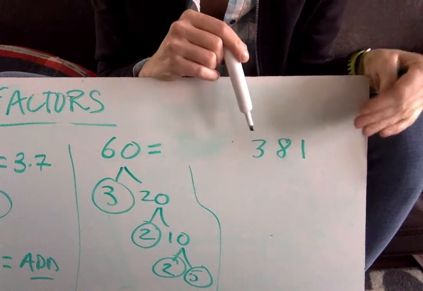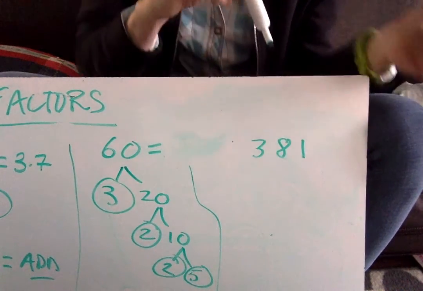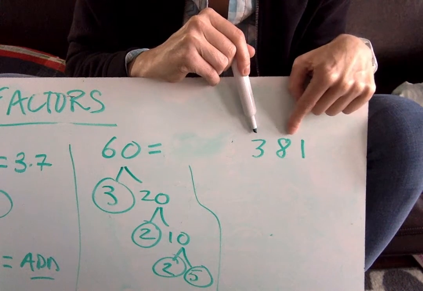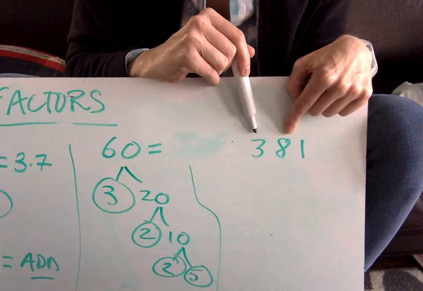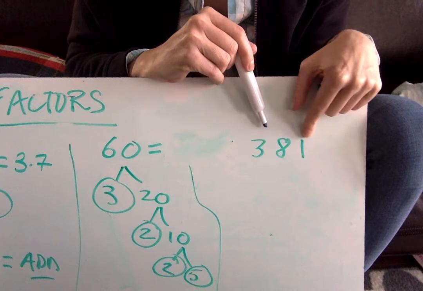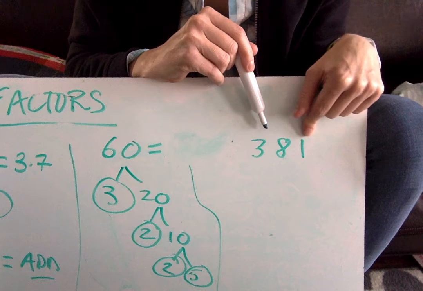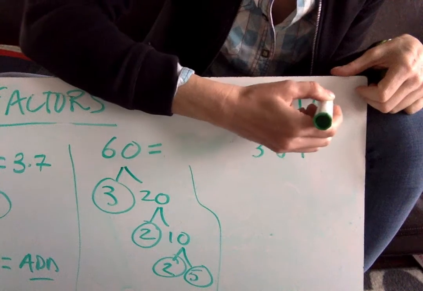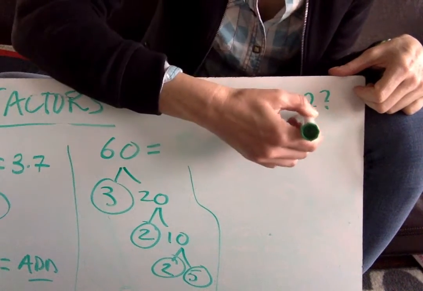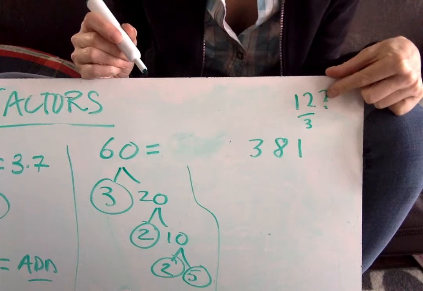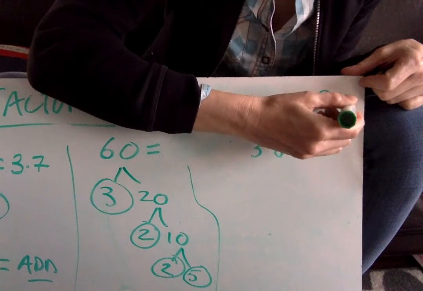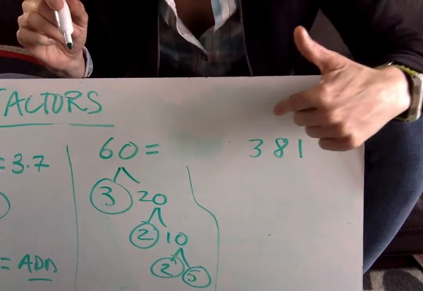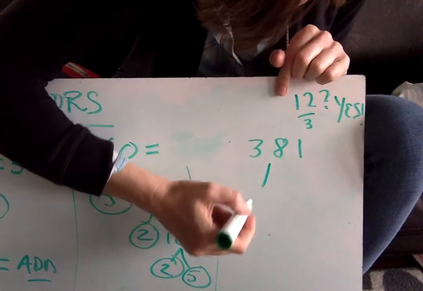So is it divisible by 3? Well, let's add this up. 3 plus 8 is 11. 11 plus 1 is 12. Is 12 a multiple of 3? And the answer is yes. So that means this whole number can be divided by 3.